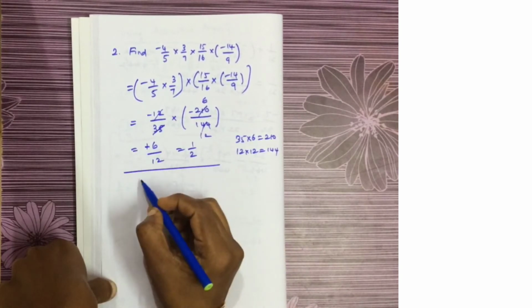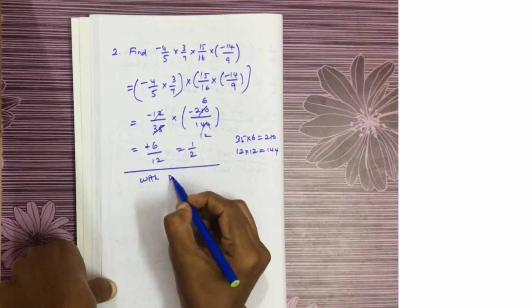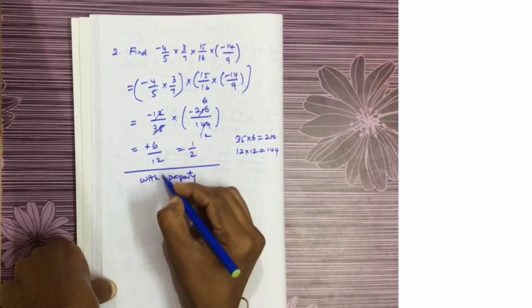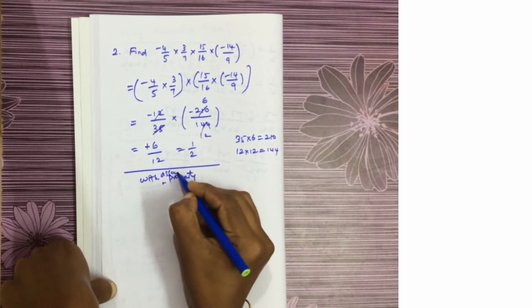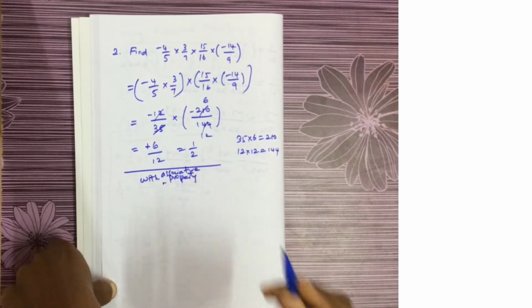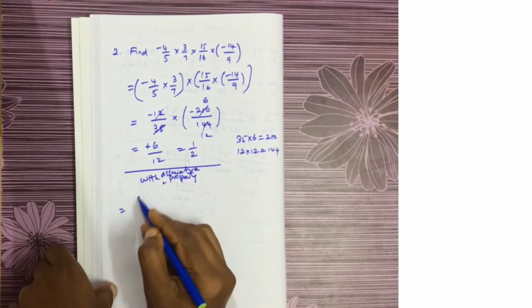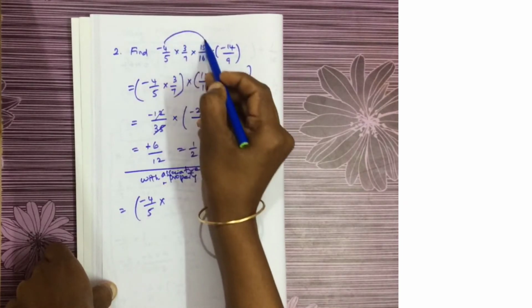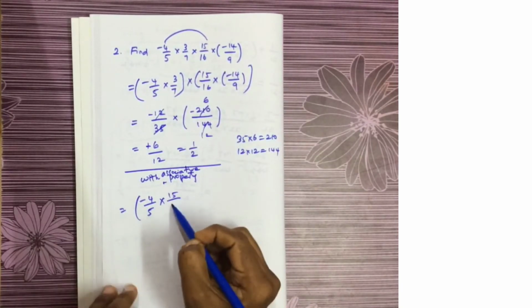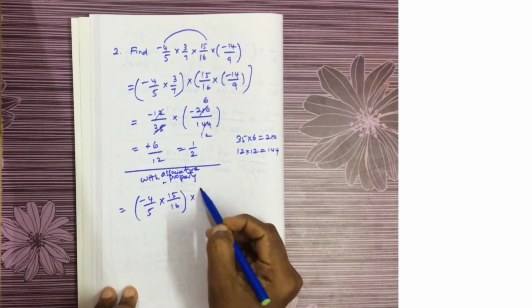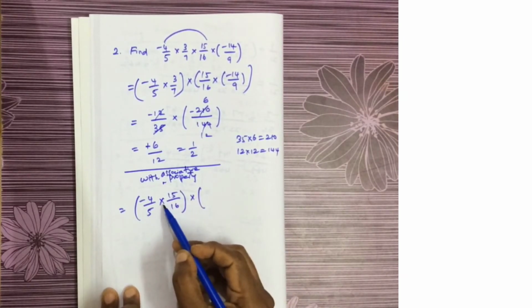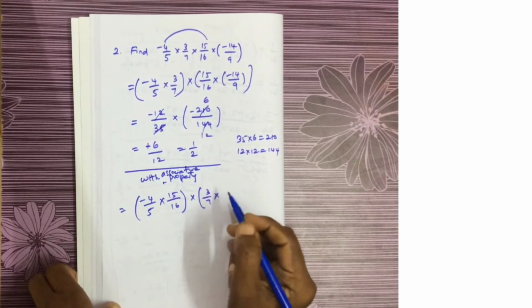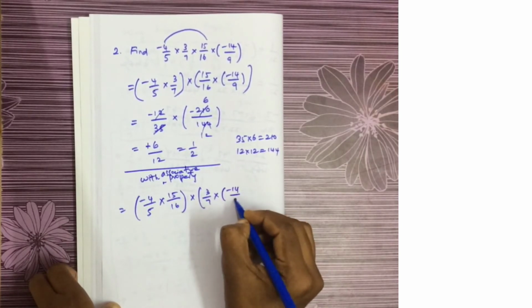So now you see with property. Which property? Using the associative property. If you solve using associative property, how can you rearrange? Minus 4 by 5 multiplied by 15 by 16 multiplied by, make sure that you put a multiplication symbol here, 3 by 7 multiplied by minus 14 by 9.